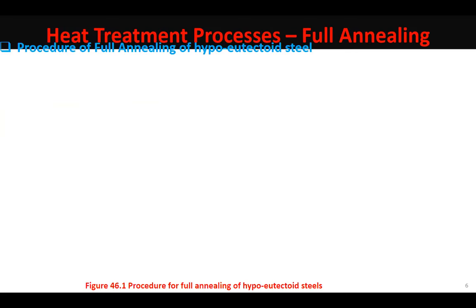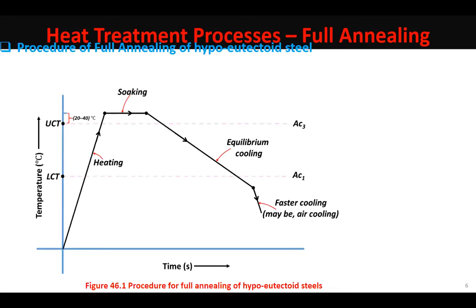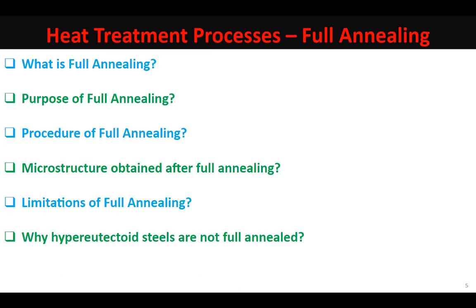So, okay, let me again go back and explain to you the purpose of full annealing. Students, please note that whenever you are doing a heat treatment process in which very, very slow cooling rates, which can be called, say, equilibrium cooling rates, are being followed, the process is annealing.